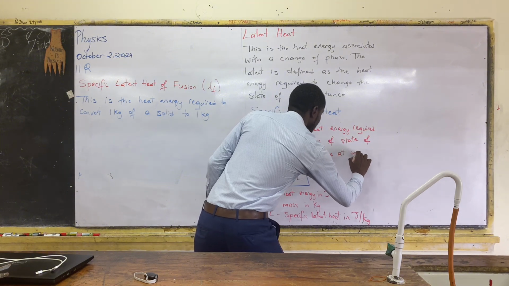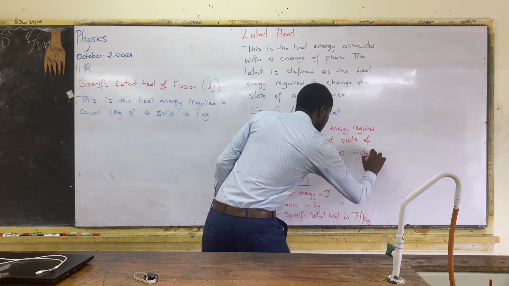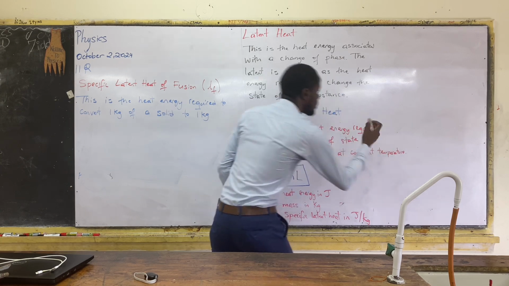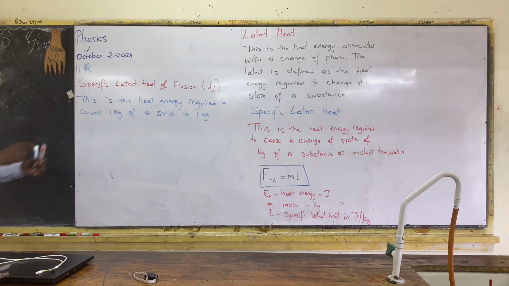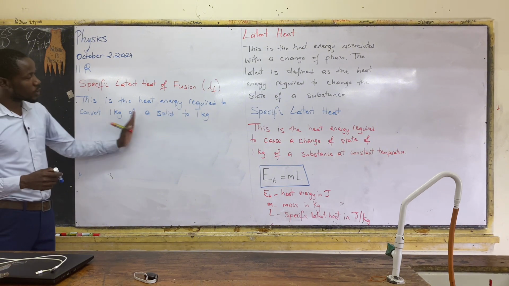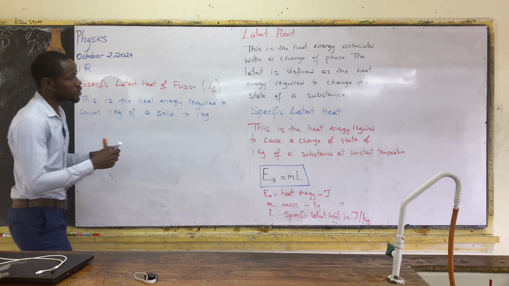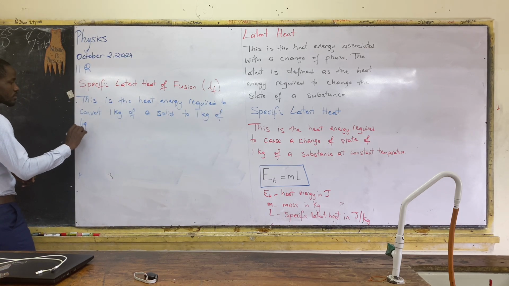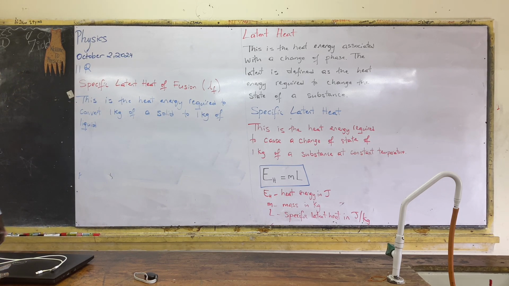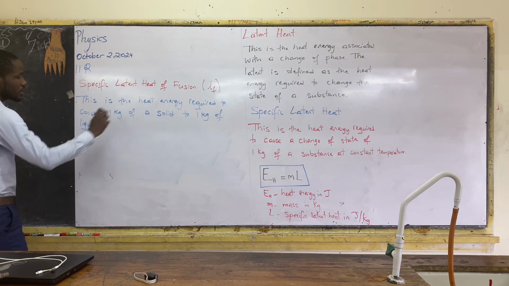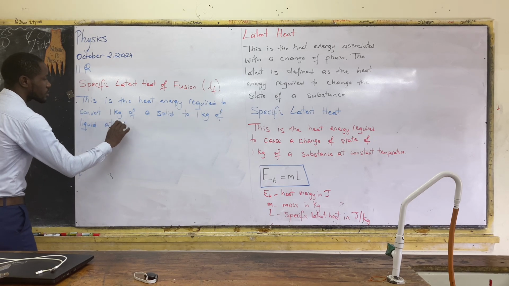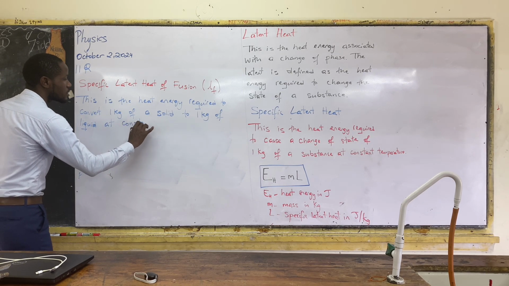So add this in for me, at constant temperature. Because we have to be clear that the temperature remains constant when the substance is changing state. To convert 1 kilogram of a solid to 1 kilogram of liquid, and we could say without a change in temperature, or we could just simply say at constant temperature.